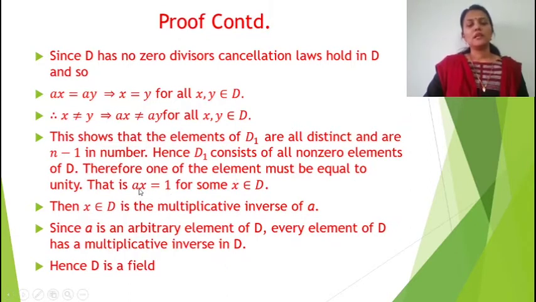Let it be Ax equal to 1 for some x element of D. Then x is the multiplicative inverse of A. Since we took A as an arbitrary element of D, every element of D has a multiplicative inverse in D. Hence, D is a field. So we have shown that it has a multiplicative inverse. That's the only thing to be proven, that we proved, and hence it's a field.